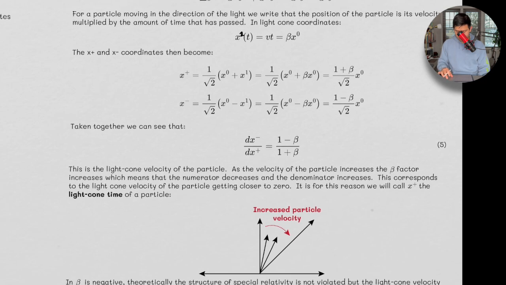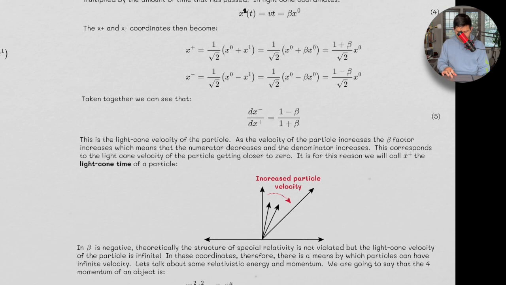Taken together, we could say that for dx minus over dx plus, the x zeros are going to cancel out. These two guys are going to cancel out, so we get 1 minus beta over 1 plus beta.